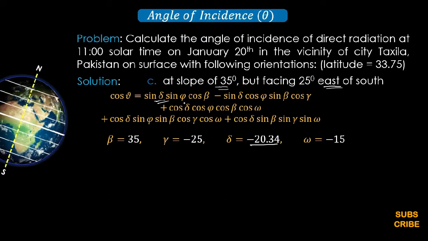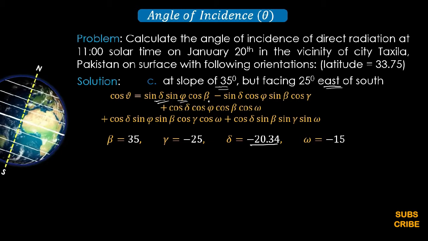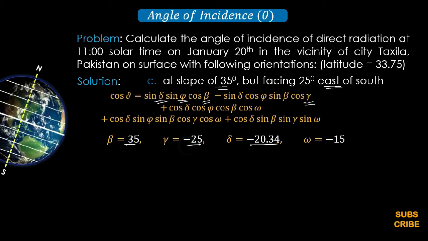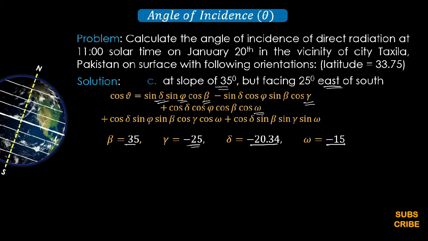The value of phi that is given in the statement, that is 33.75. The slope beta, that is 35 degree, and the value of gamma minus 25 degree, since it is placed east of south, and the value of omega as we have calculated for the last part, that is minus 15 degree.